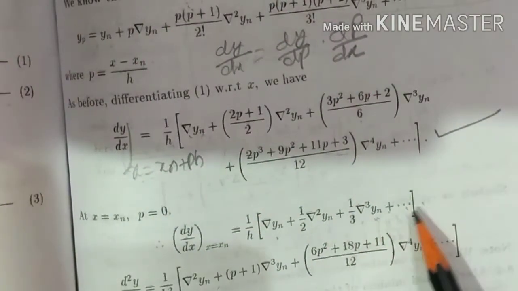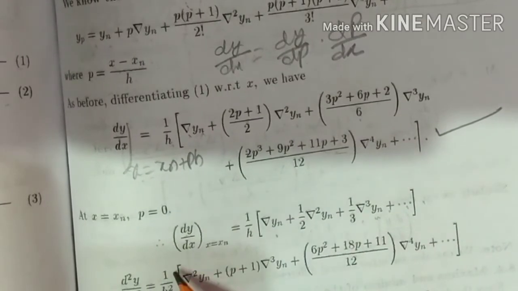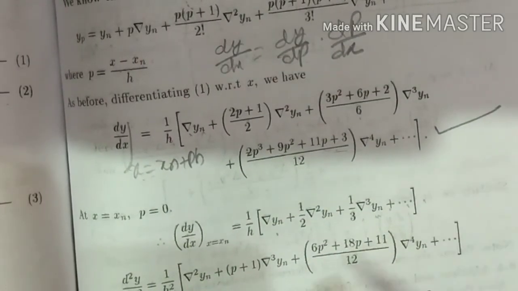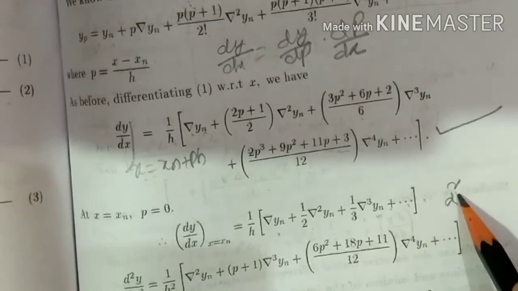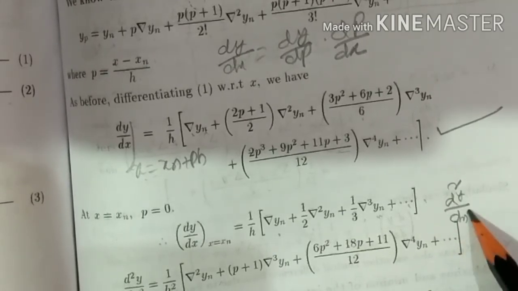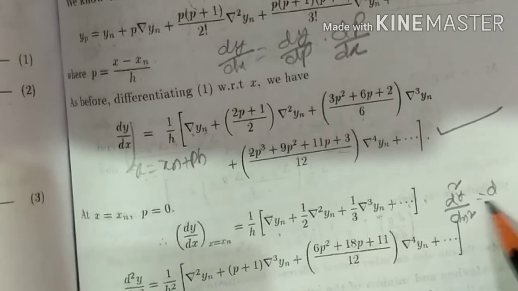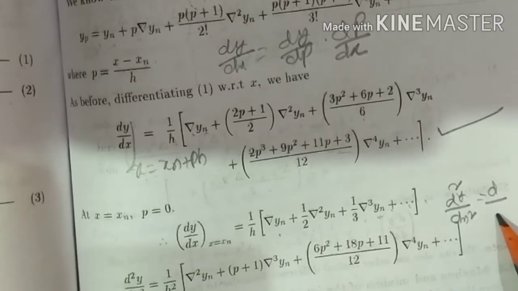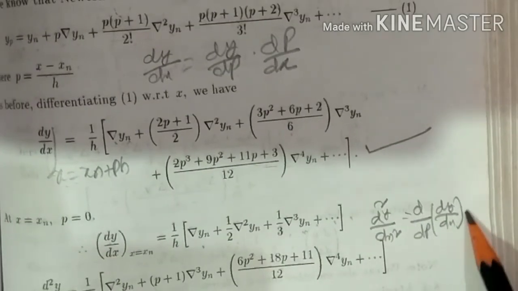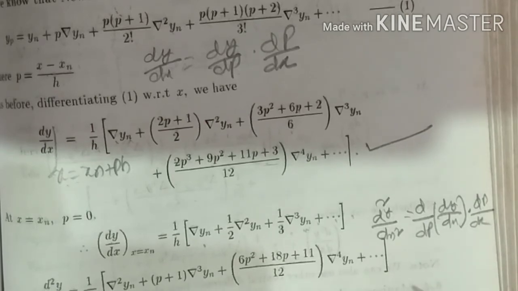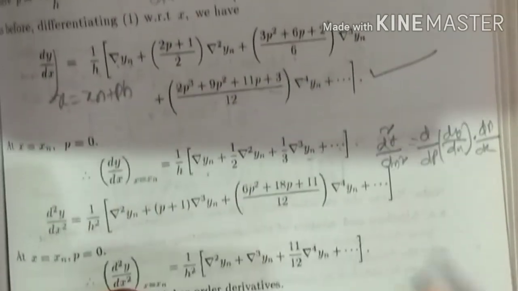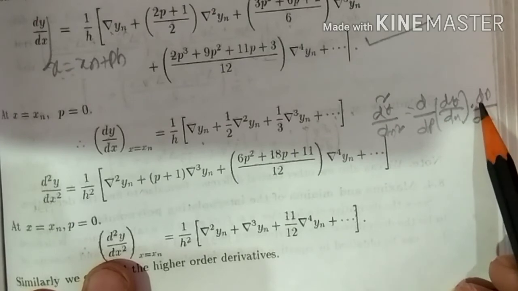Now again when I find the second derivative, we know that d²y/dx² = d/dp (dy/dx) times dp/dx. So dp/dx = 1/h, which we already know.